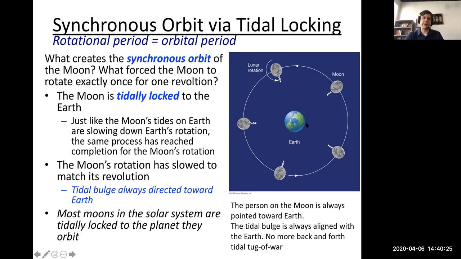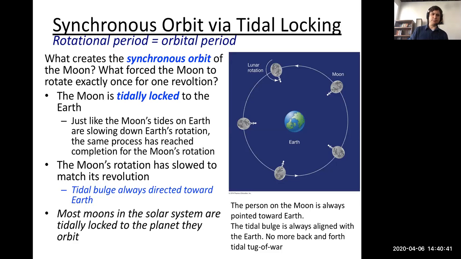So the tidal locking process will eventually reach its ultimate conclusion when the orbital period matches the rotational period. And at that point, we would say that the moon is tidally locked to the Earth.